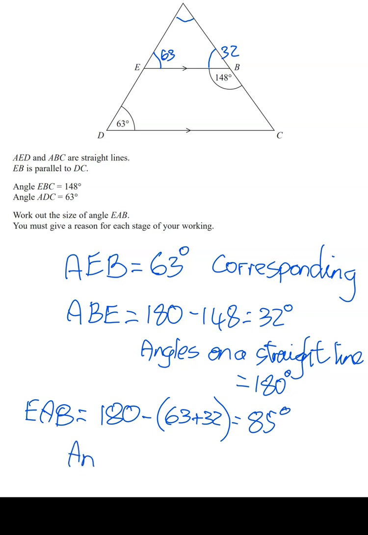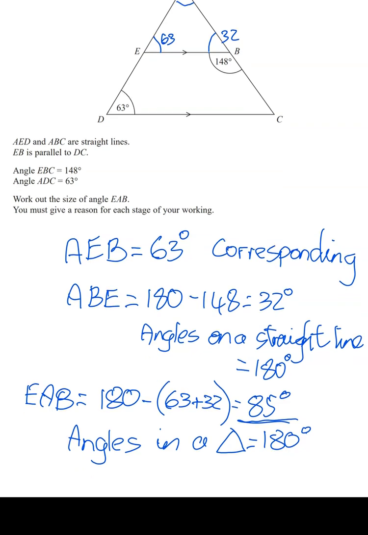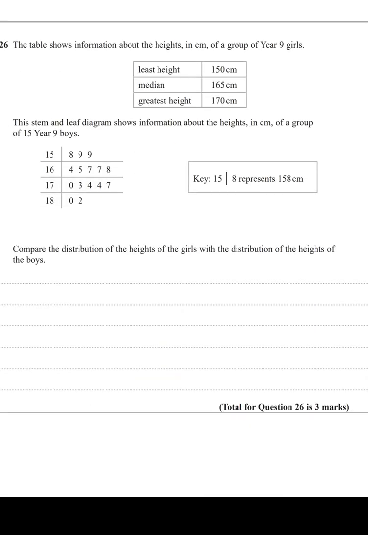And then it's because angles in a triangle equals 180 degrees. So that's our answer. Underline it, all the reasons, really clear, and that's going to get us our 5 marks. Okay, but notice how I've set it out. Easy to follow, easy to see. They're going to be looking for corresponding angles, angles on a straight line, angles in a triangle. They're the kind of keywords they're looking for.